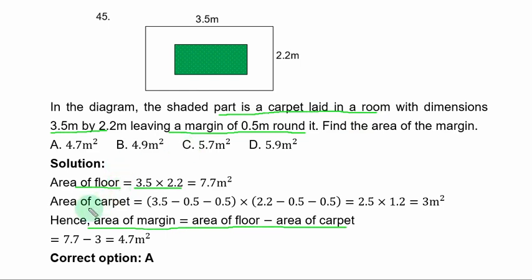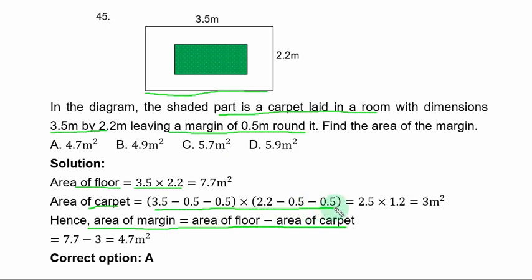For the area of the carpet, the margin needs to be subtracted from the dimensions. From here to here is 0.5 meters, and from here to here also is 0.5 meters. So the margin is subtracted twice from the dimensions, and you have it in this form.